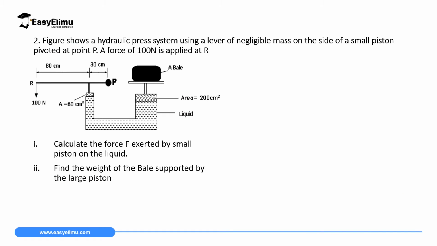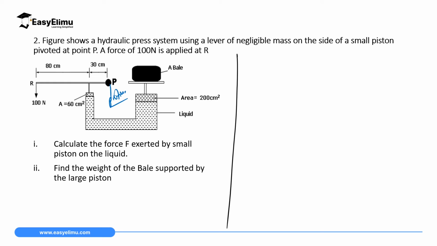So another question, and it's a very good question since it combines two ideas. One, we discussed it in Form 1 hydraulic machines, and now we are combining it with moments, especially on parallel forces. So in this case, the figure shows a hydraulic press system using a lever of negligible mass on the side of a smaller piston at point P. So here we have a piston at this point P. That's where we have our piston.